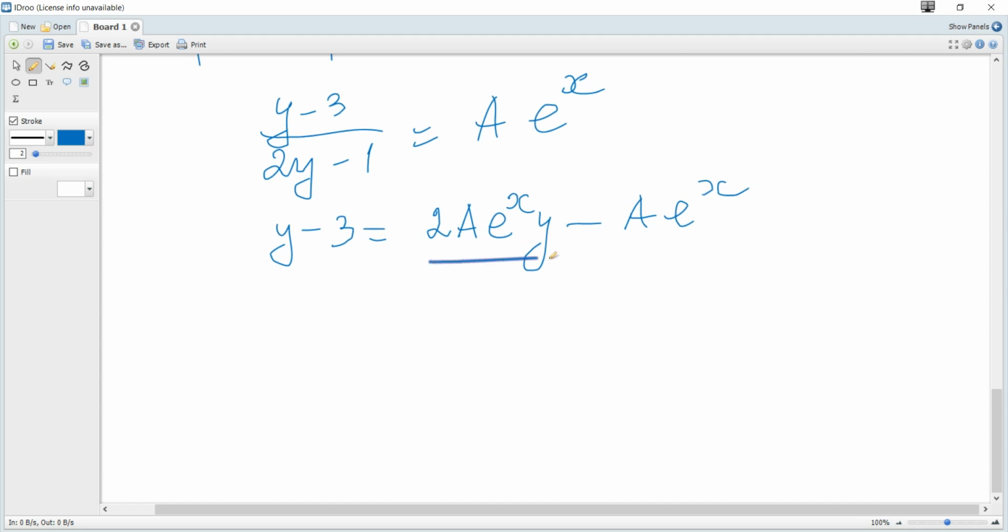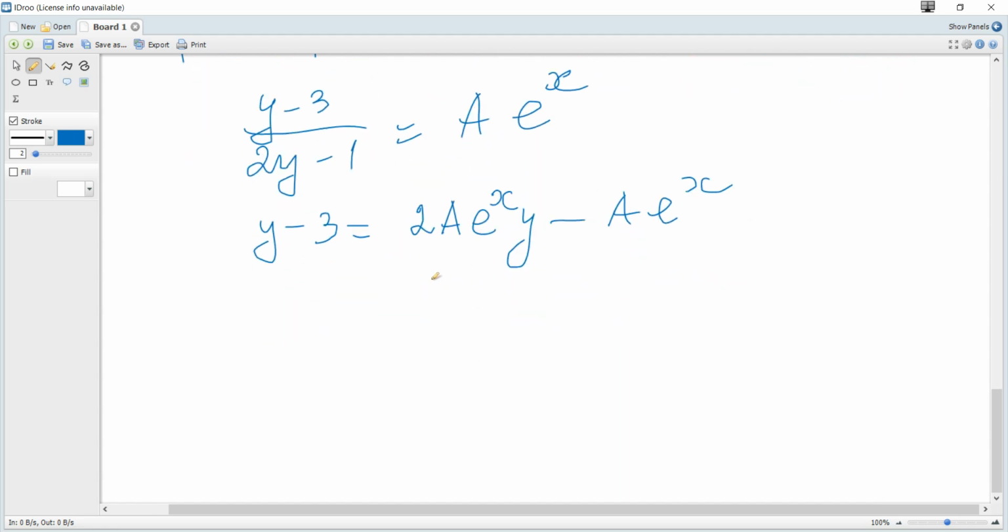And this to the left or to the right, so it becomes y times 2a e to the power of x minus 1 is equal to a e to the power of x minus 3.